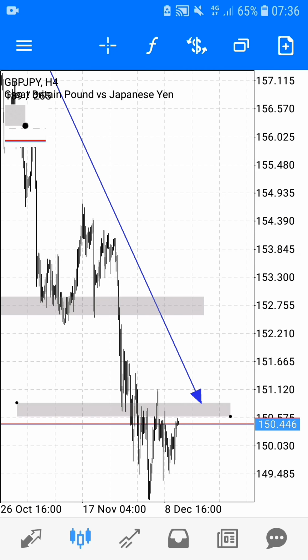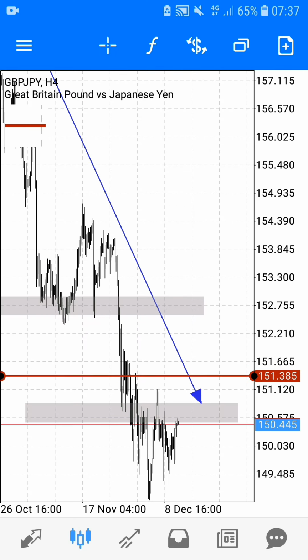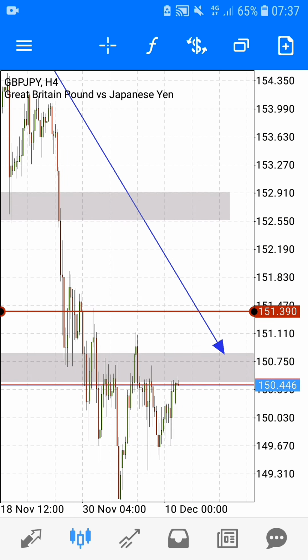And once you have done that, before you even think about pressing your entries, you must, and let me insist here, you must first identify the risk that you are about to take. As for me, this red line pressed here above this 4-hour weak rejection should be my stop loss. Once I'm comfortable with that risk, then I wait for the perfect entry for me to enter this trade.